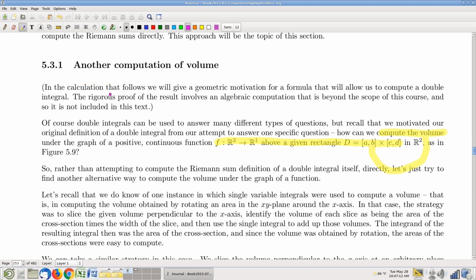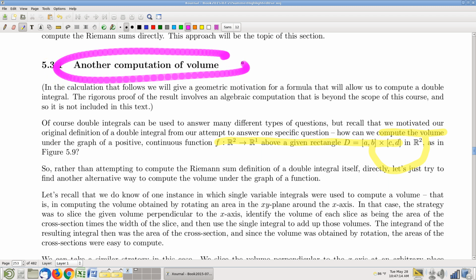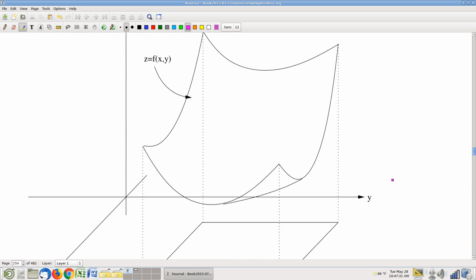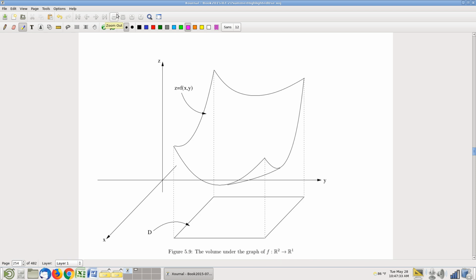I'm going to revisit a question that we already know an answer to, namely volume under a surface. It's a double integral. We already know that, right? But let's take a different point of view on it. So here it is, volume under a surface. Right?